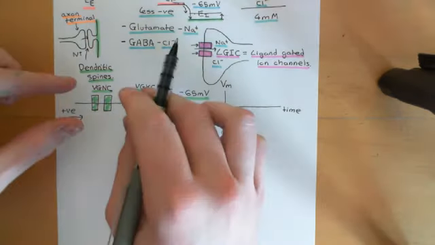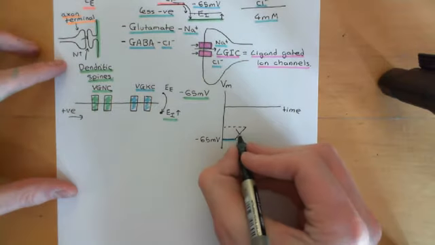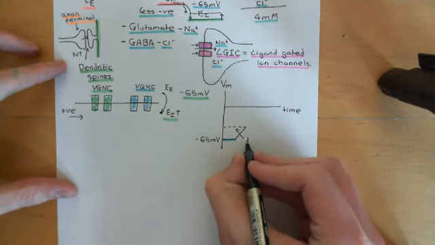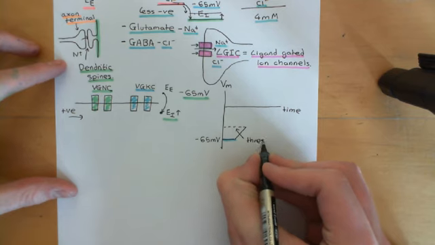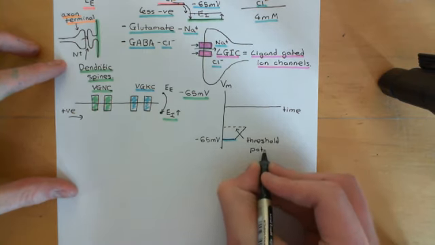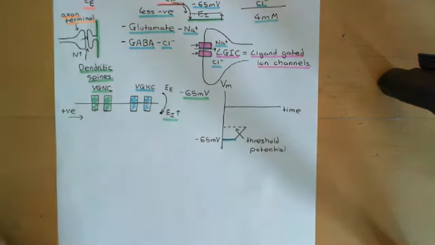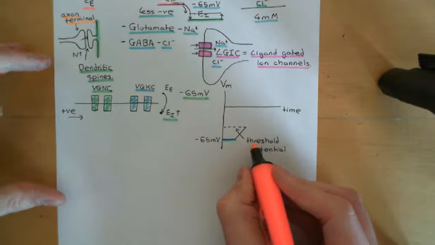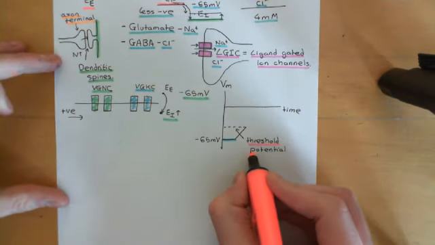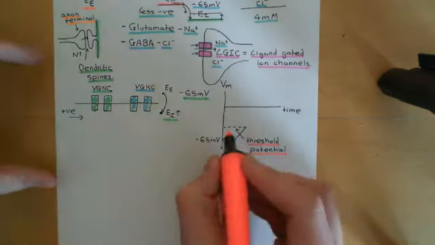These voltage-gated ion channels have a certain electrical potential difference that the cell membrane needs to go up to if you're going to actually open them. This electrical potential difference is called the threshold potential. So you need a large enough net positive charge coming into the cytoplasm of the axon hillock to depolarize the electrical potential difference across the cell membrane up to threshold potential.